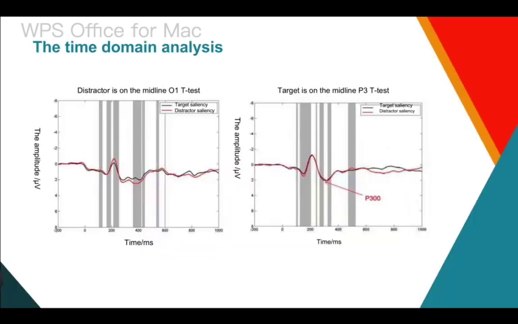Then, in time domain analysis, there was a significant difference between occipital lobe N200 and parietal lobe P300. Specifically, when the distractors were significant, the larger N200 amplitude of the target directly captured the attention at the midline position, and the distractors had little effect on the target.